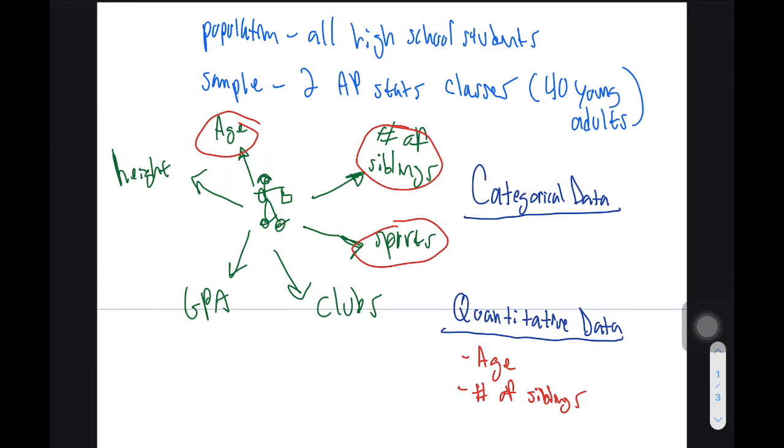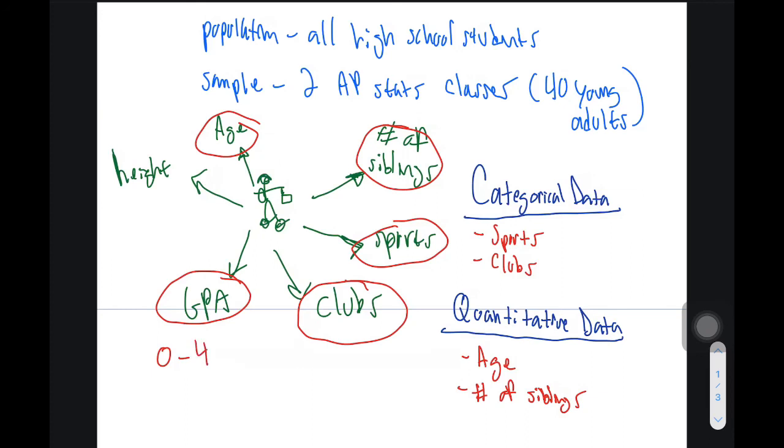So that would be a category where you would respond with whatever sport you like. Similarly, clubs. What clubs are you in? That's not something we can measure. That's not quantitative data. That falls underneath categories.